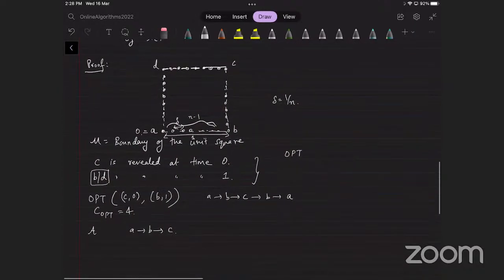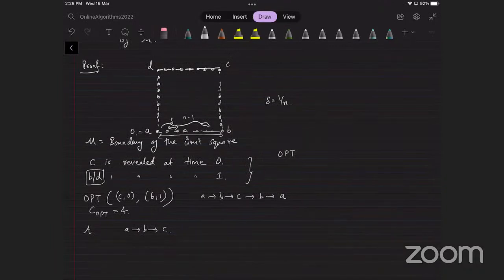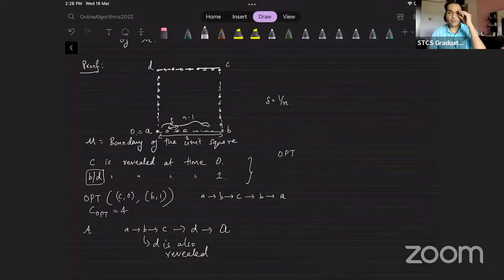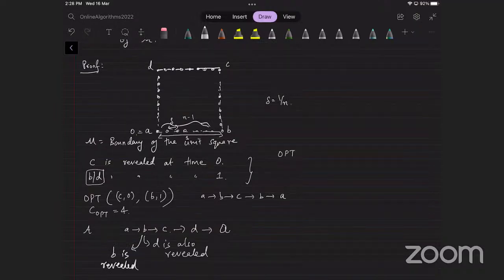D for Delhi or B for Bombay? Delhi. Okay, so suppose D is also revealed. Then what happens? It keeps going towards C. Then it touches D and it comes back. Right? But its cost is also 4. So it did not fool it. What if it was B instead of this? Then also 4.